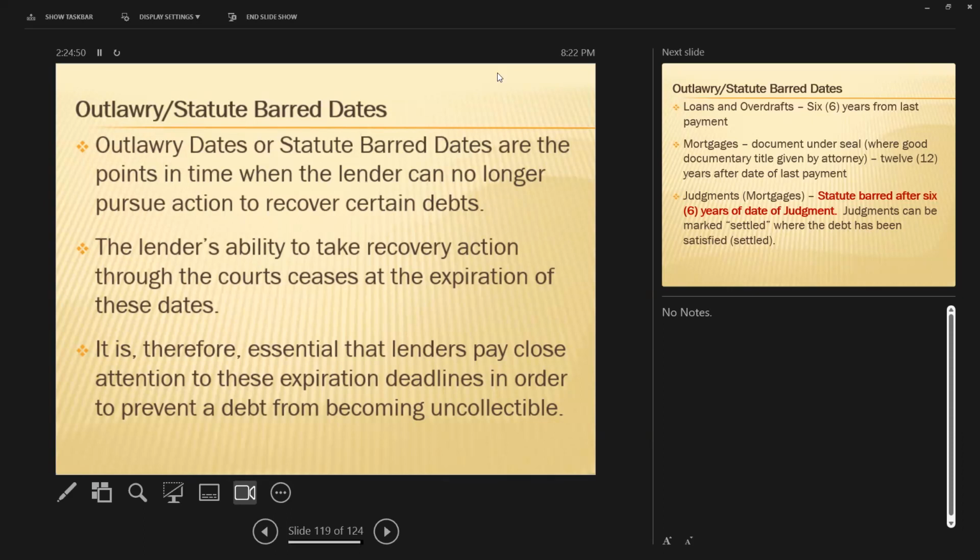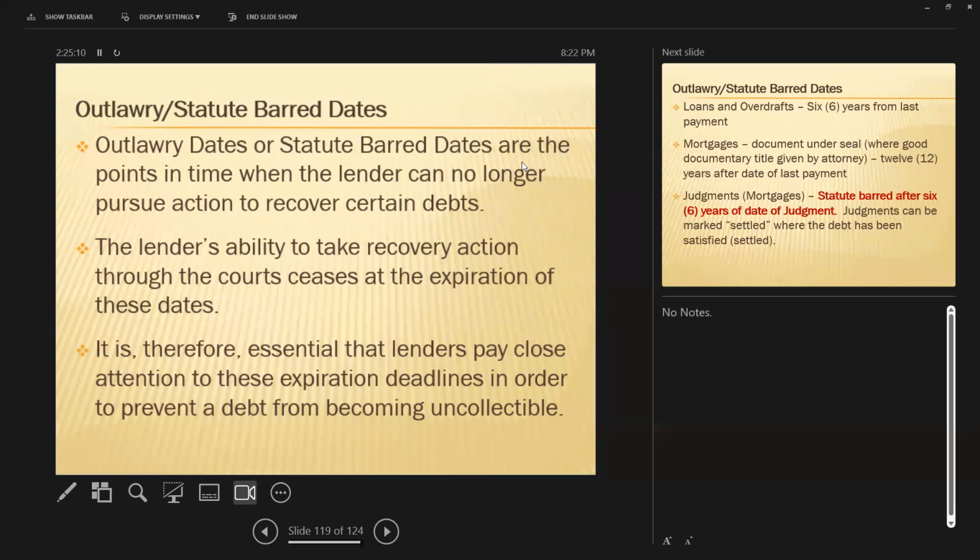The only way they could do is now appeal to the human nature of the client. Come in and satisfy this debt, blah, blah, blah. Okay? So make sure you adhere to the deadlines in order to prevent a debt from becoming uncollectible.